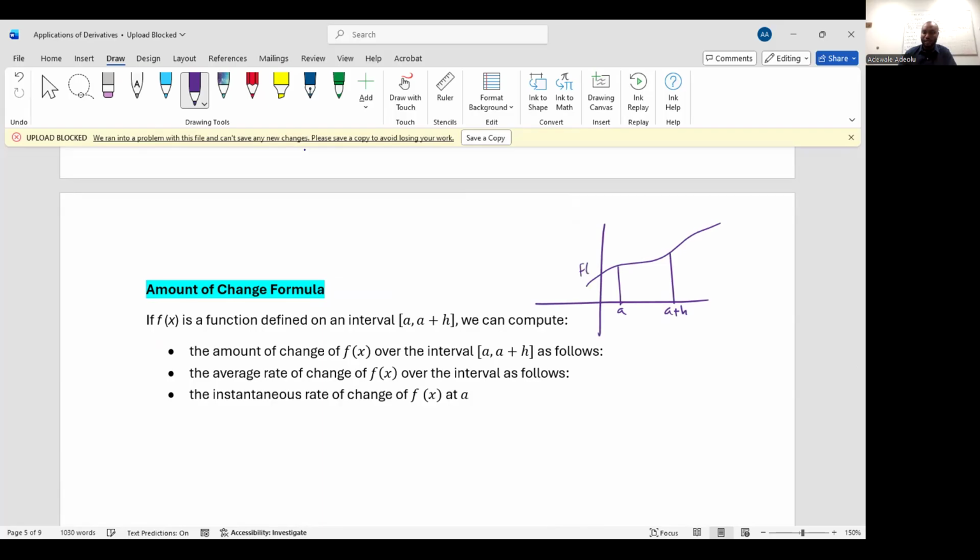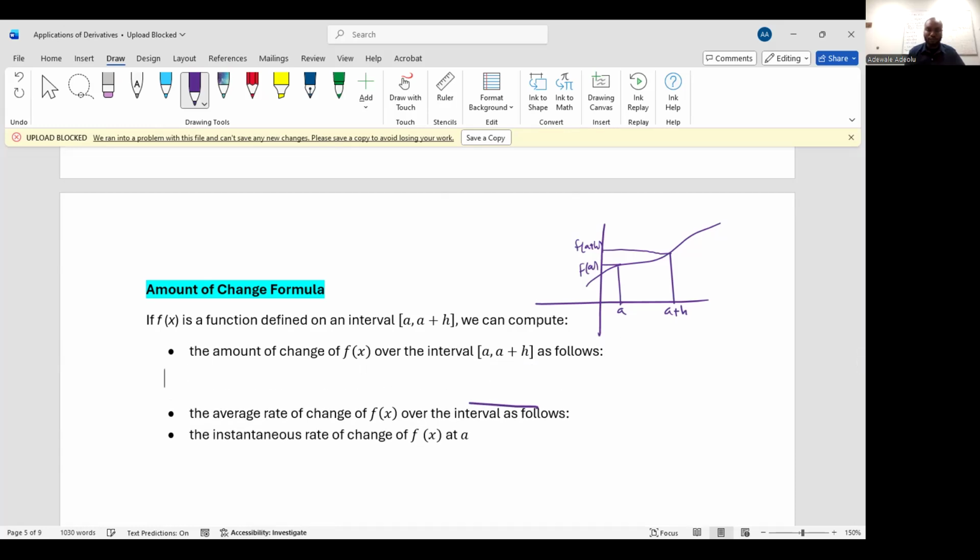So here is f of a, here is f of a plus h. So that is changing y values. That is just what the problem is. So the amount of change of f of x over that interval is f of a plus h minus f of a.